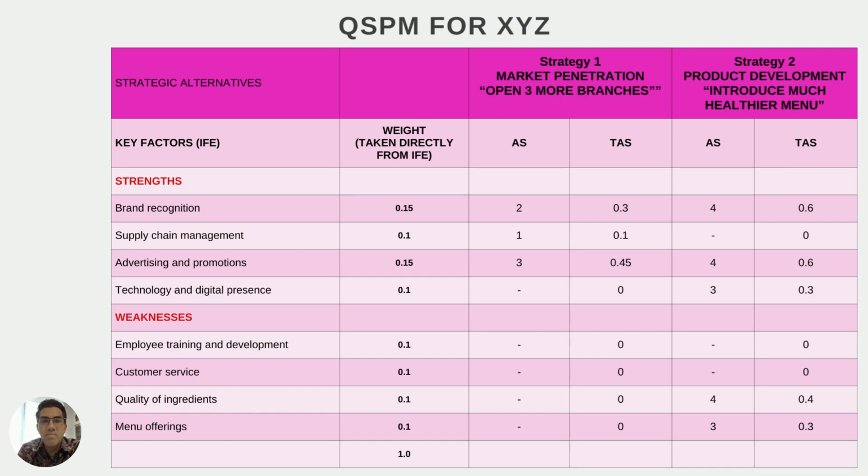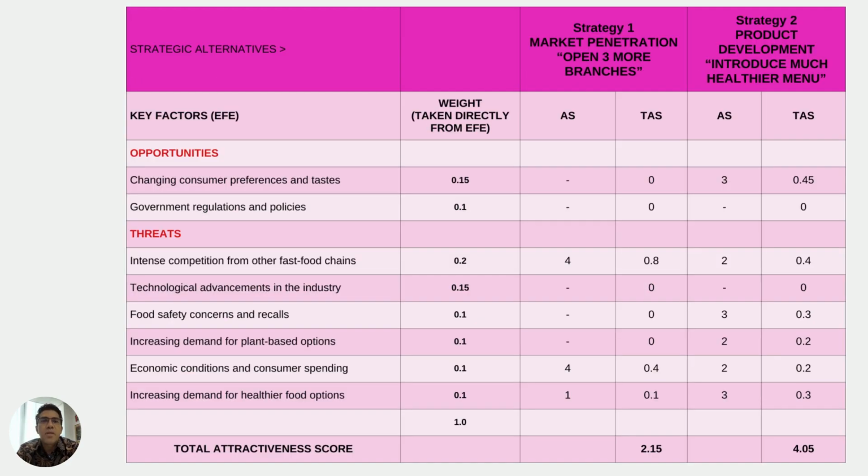And you can see some dashes here, and that indicates that if the key factor has no effect for that particular strategy, we don't give any rating for the attractiveness score. You can just simply put a dash for that particular key variable. So you are going to do this for the strengths and then for the weaknesses, as well as for the opportunities and also the threats.